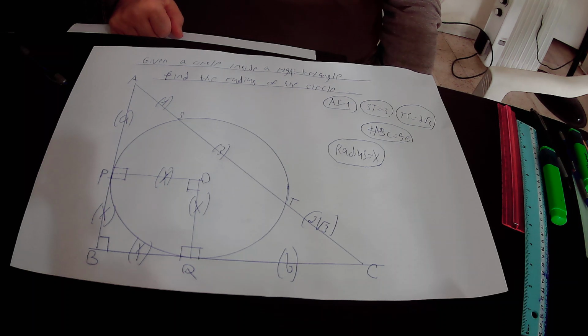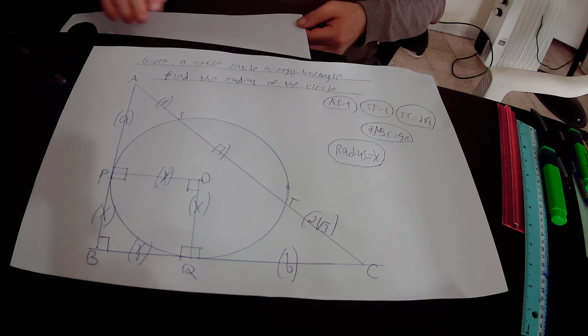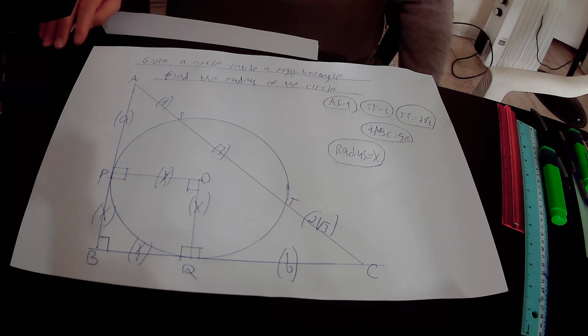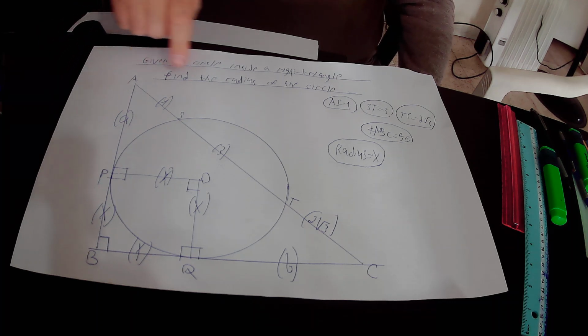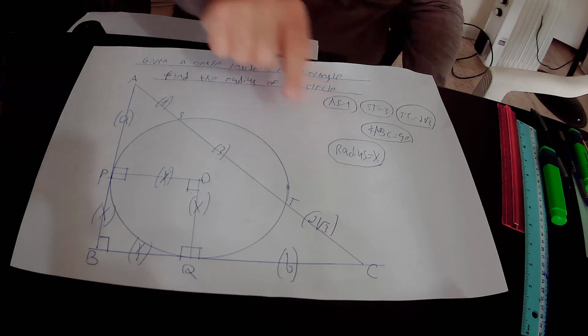Therefore, we can implement rule 10. According to rule 10, we get that AP square equals AS times AT.